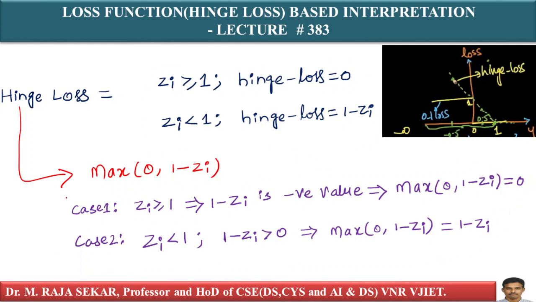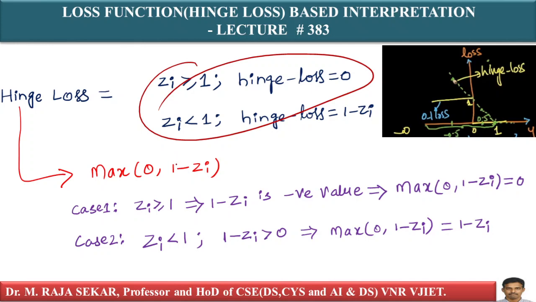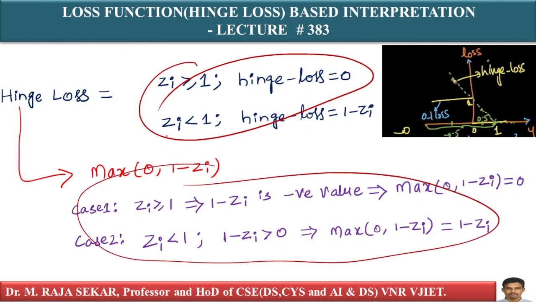If you look at these two cases, they are exactly the same as these two cases, isn't it? Hence, hinge loss can also be written as max of 0 comma 1 minus zi. This is one interpretation of hinge loss, or one formulation of hinge loss.